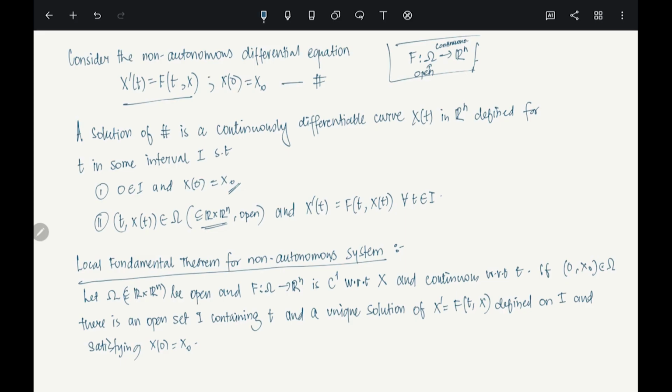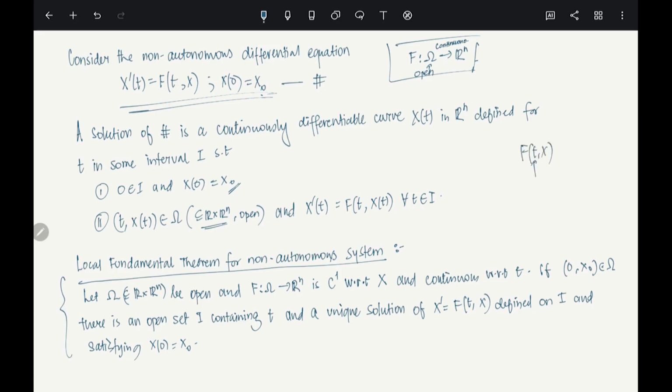So essentially what I'm saying is this: this is the problem we have in question. It's a non-autonomous system. When can we say that there is a solution? So, f is a function of t and x.